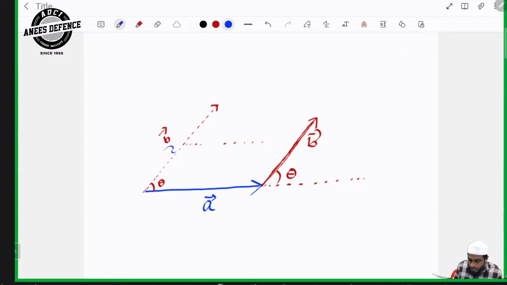Here A and B look like the sides of a parallelogram. Here A and B look like the sides of a triangle. The result in both cases is this one. If it is a triangle, then A and B are the sides of the triangle, and the third side is the resultant.